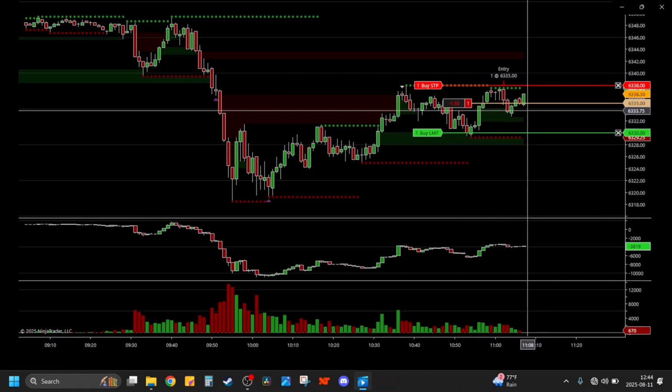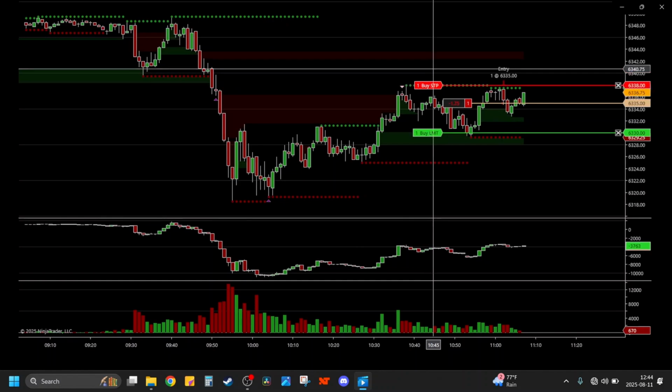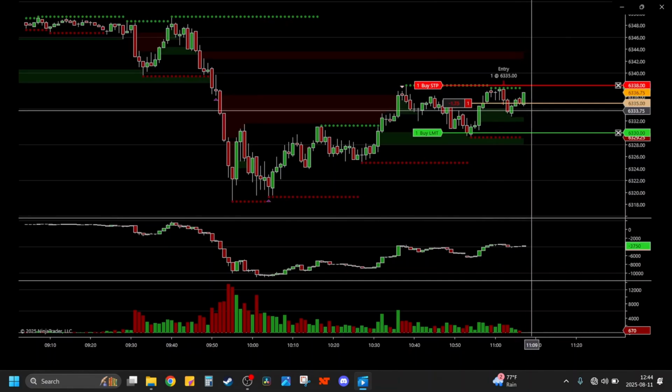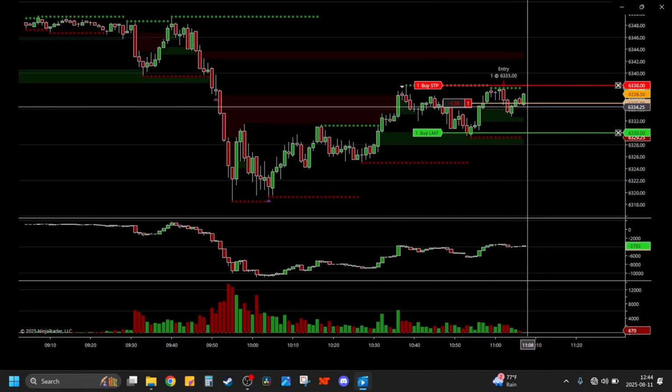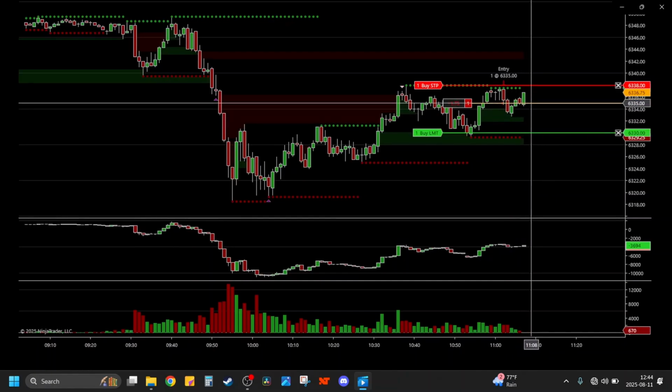When I took this trade, there was a feeling that I had that price was going to go down based on the delta, and then also every time there was a positive candle or long candle, the volume was low.